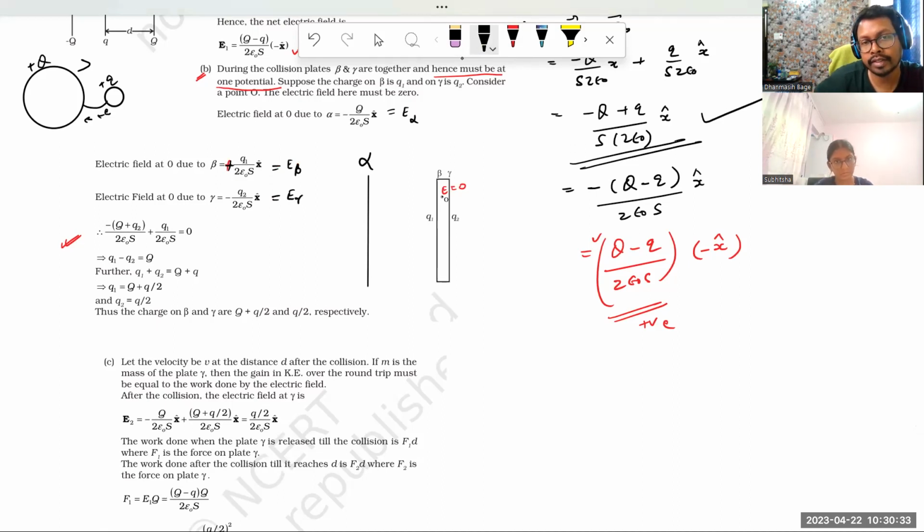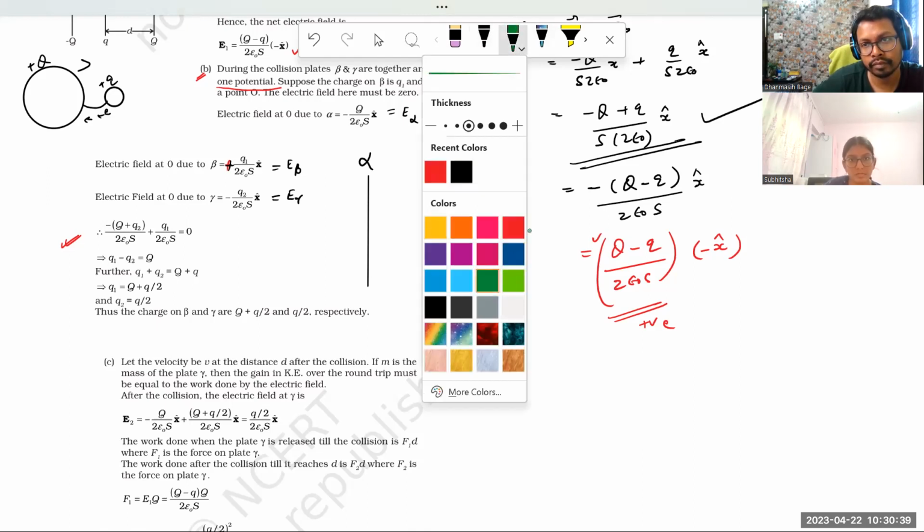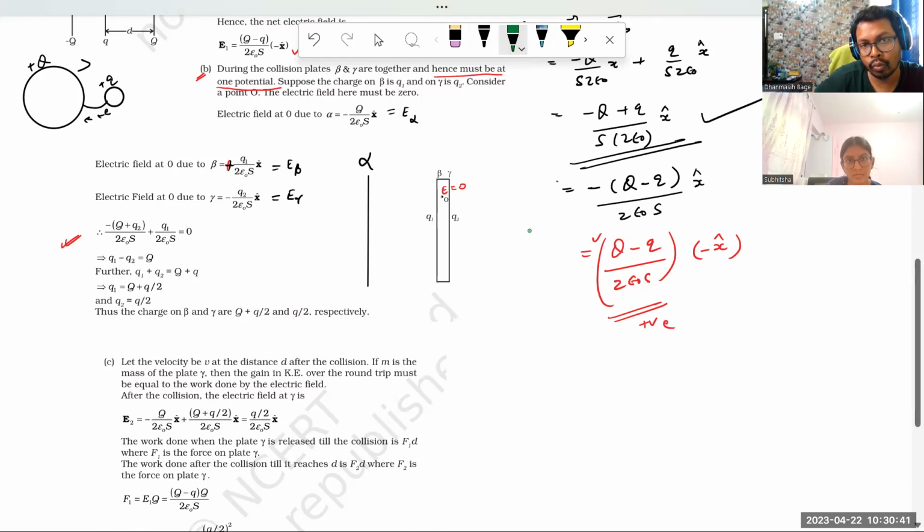Direction. You tell me what will be the direction, right? At O, what is the direction of E alpha? Towards it or away from it? This is having what charge?